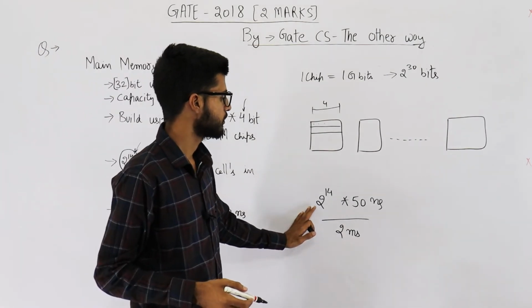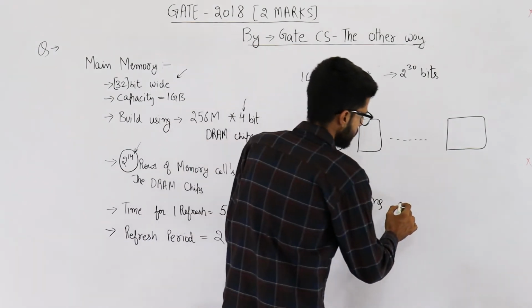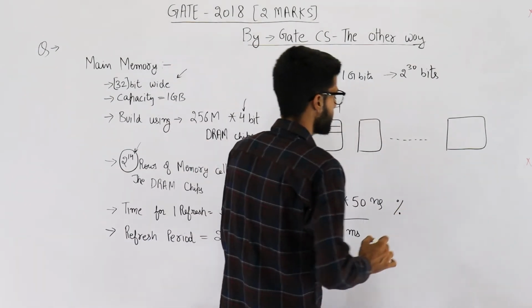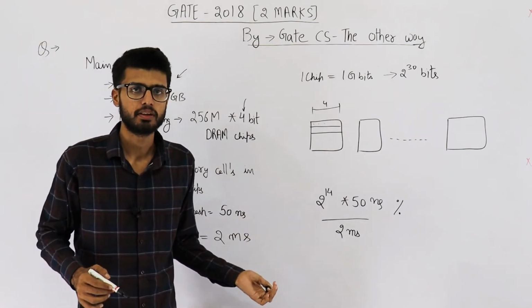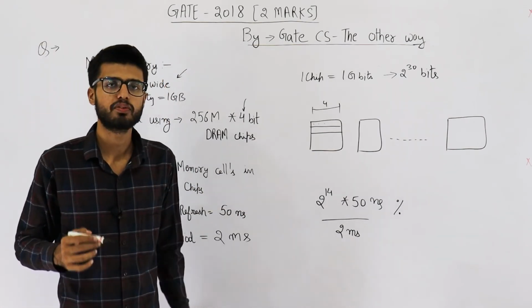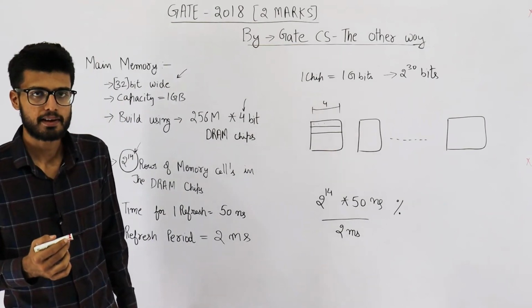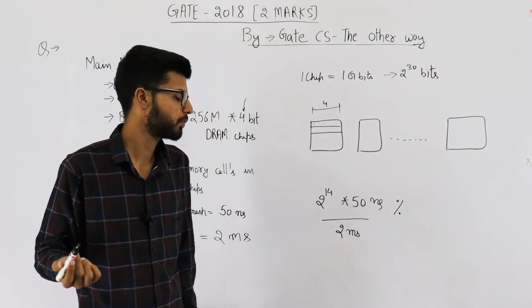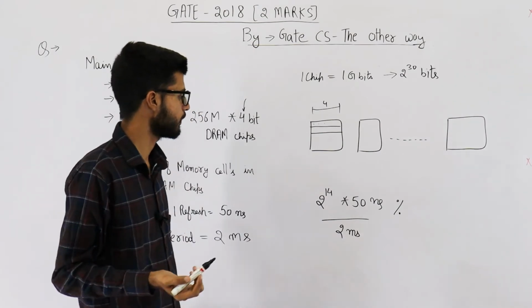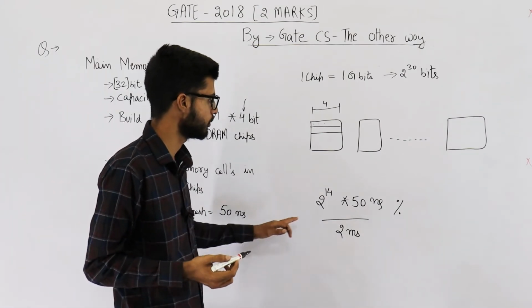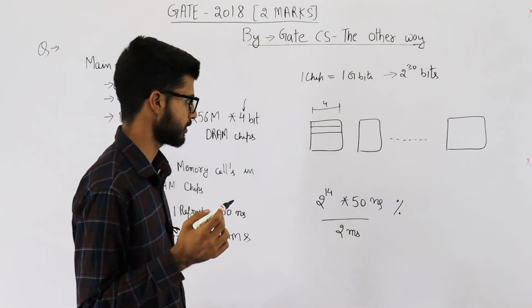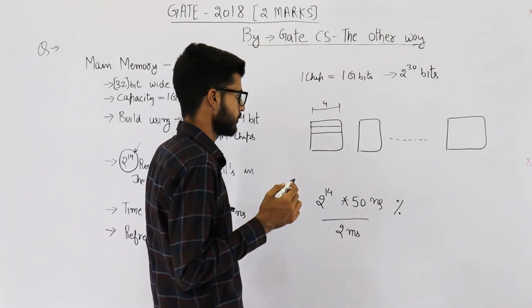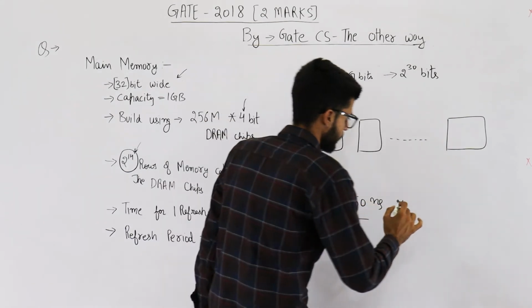So solving this, you will get how much time is used in refreshing. Okay, this is the time used for refreshing. You subtract it from 100%, and you will get your answer. So 2 raised to the power 14 is 16,384.